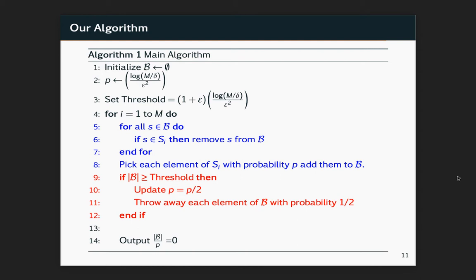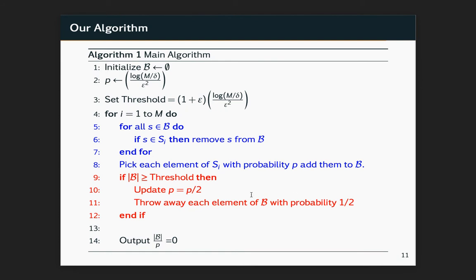For criterion number 2, so that the size of B doesn't grow too much, as soon as the size of B crosses the threshold, we reduce P to P by 2. And once we reduce P by 2, we throw away each of the elements in B with probability half.